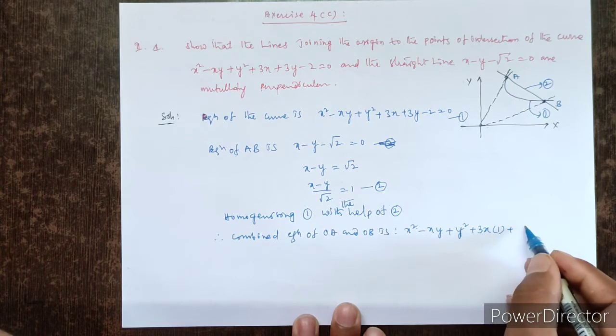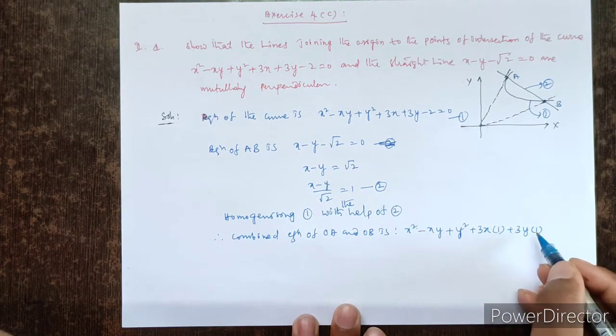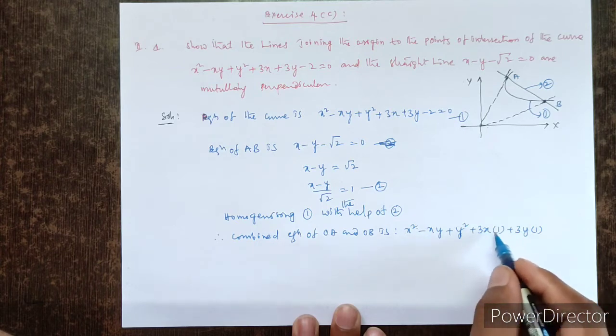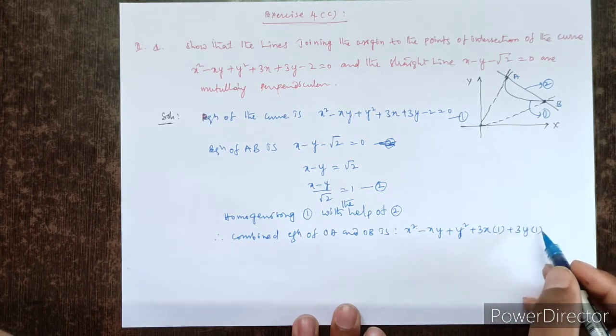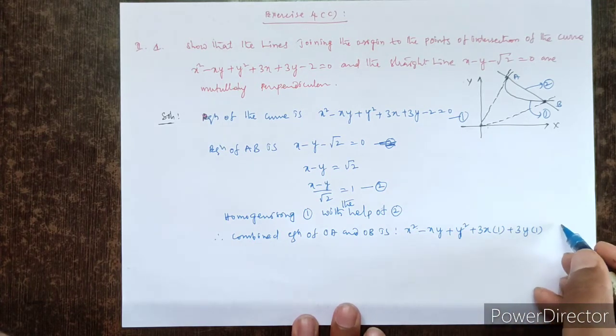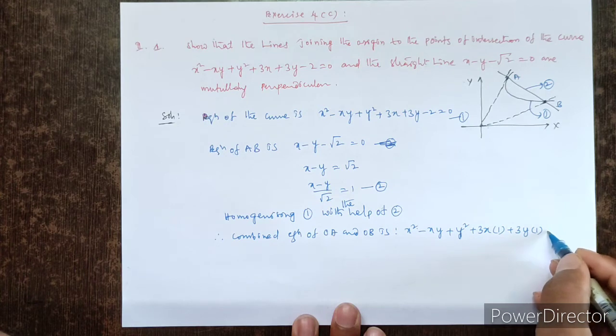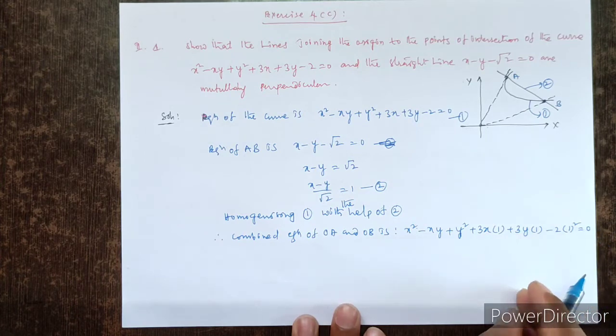Plus 3y also has degree 1, so you can multiply with 1. Then automatically these terms will become degree 2. Plus the constant multiplied with 1 square, equal to 0.